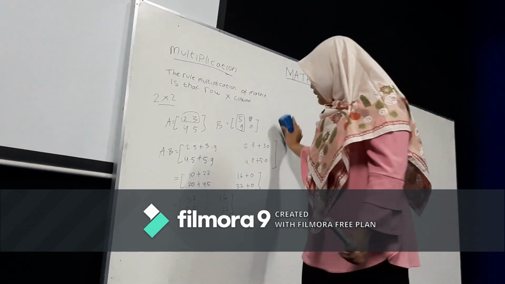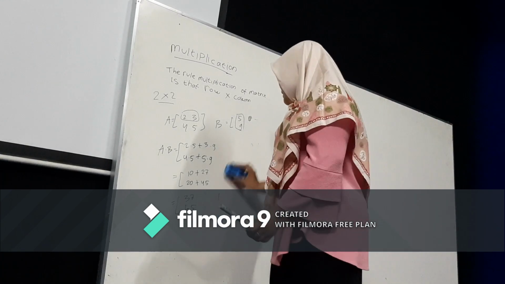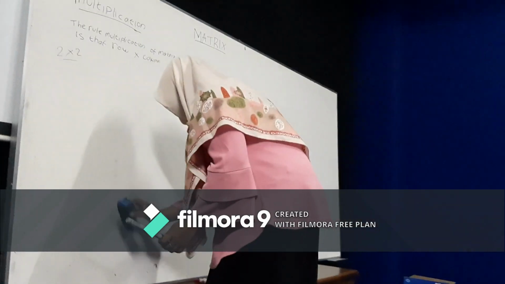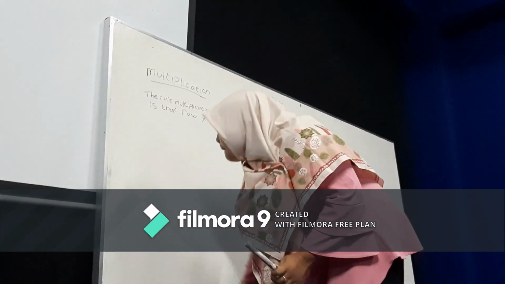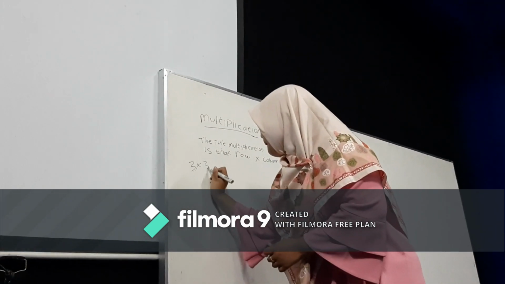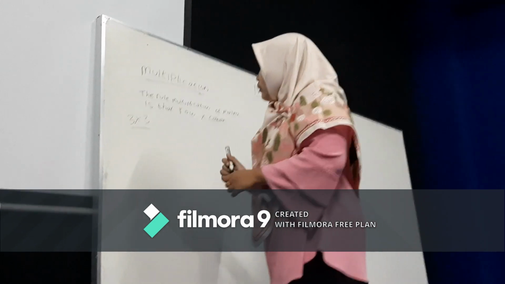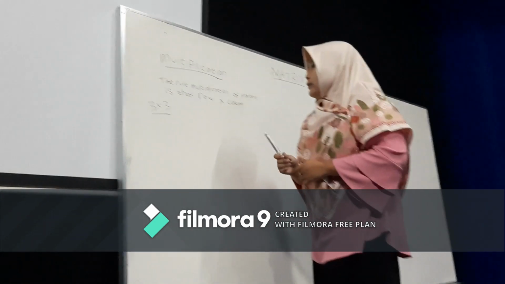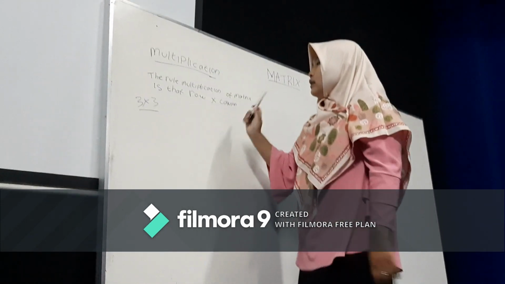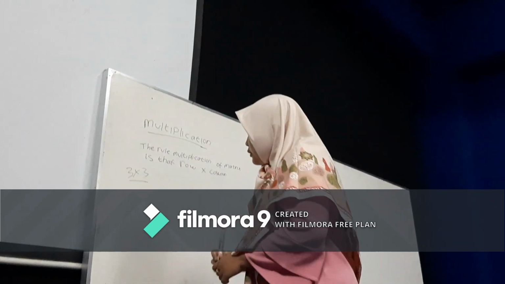Okay, for the next is multiplication of 3 times 3. For 3 times 3 matrix multiplication, the rule is similar to 2 times 2.